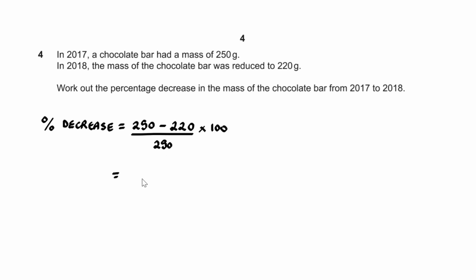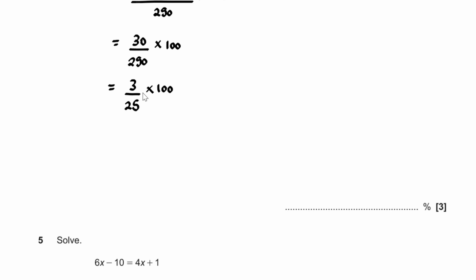So we have 30 over 250 multiplied by 100. So we've got 3 over 25 times by 100. It turns out here 100 divided by 25, that's 4. Timesing that by the 3, we get 12% as our percentage decrease.